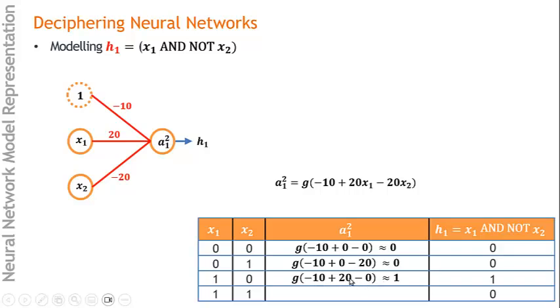In this case, there's no output from x2. So only this term is 0, and I have minus 10 plus 20. This is positive. Okay. All right, so I have a neural network that gives me the output I need on these inputs. So it's reproducing the output on given inputs. So that's my AND function for x1 and not x2.